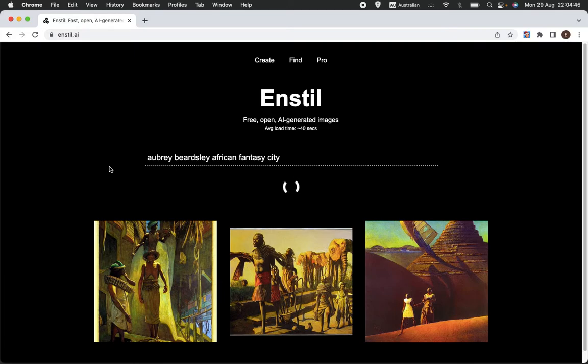I would say it's probably going to give all sort of black and white line drawings, which is what Aubrey Beardsley mostly did, but they really didn't look good. So we'll see what happens. We'll see what happens this time, I suppose.